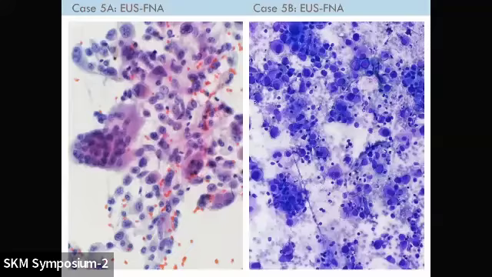However, if you note the morphology of these mononuclear cells, especially the nuclei, they resemble the nuclei that are within these giant cells. On the other hand, the other tumor is composed of highly pleomorphic or anaplastic looking cells with a lot of nuclear atypia. And occasionally you can identify these giant cells, but these giant cells are very different from these because they have only 2 to 3 nuclei.